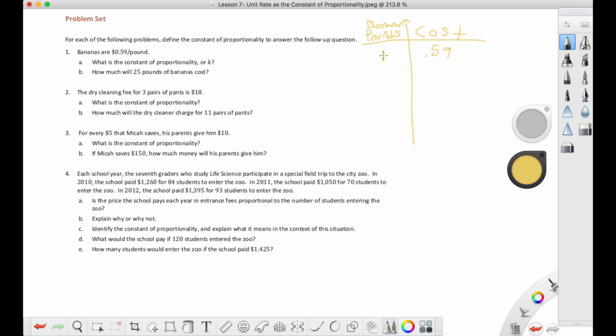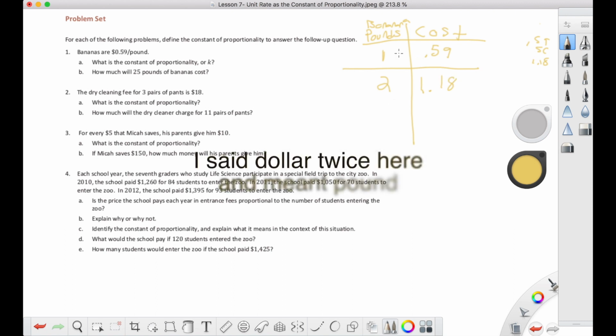So for 1 pound, 59 cents. For 2 pounds, $1.18, right? That's 59 plus 59. And 1, 8, 10, 11. Yeah, okay, 118. So bananas, $1 is 59 cents.